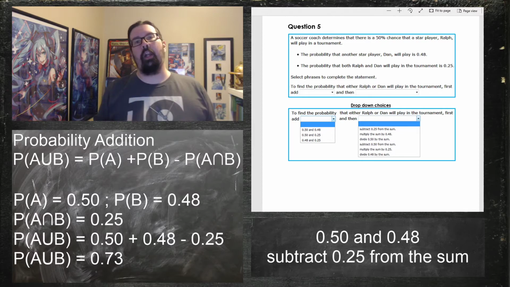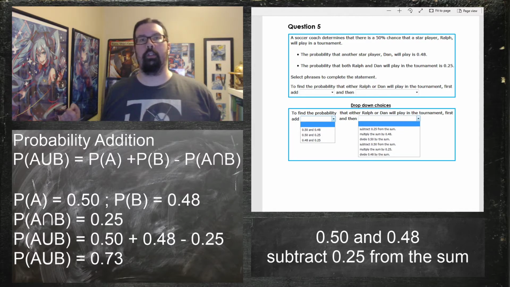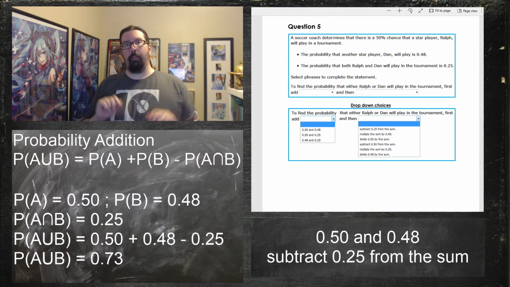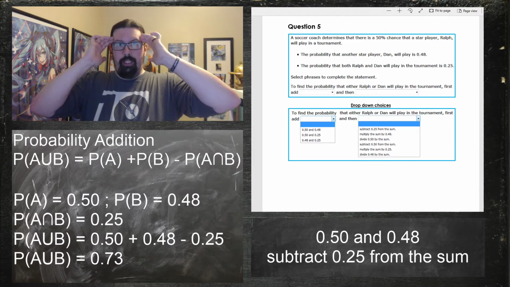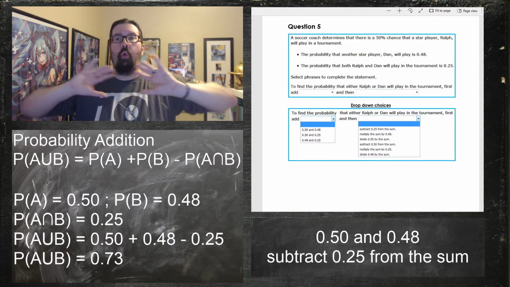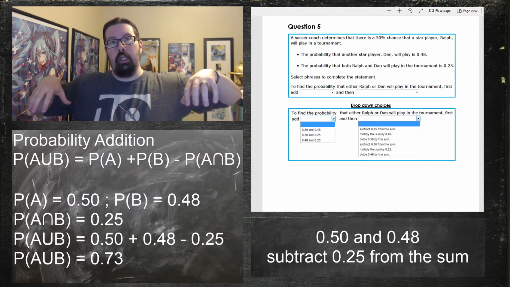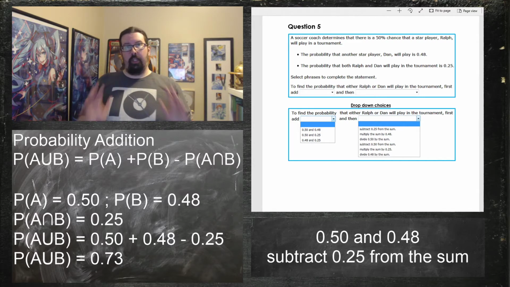But you'll also notice the problem didn't ask us to find that. It doesn't care if you know the exact formula or not. The exact formula is not what they're testing here. They're doing basic probability. And the Venn diagram concept or the mathematical formula both get you to where you're trying to go. And that's another cool tip.